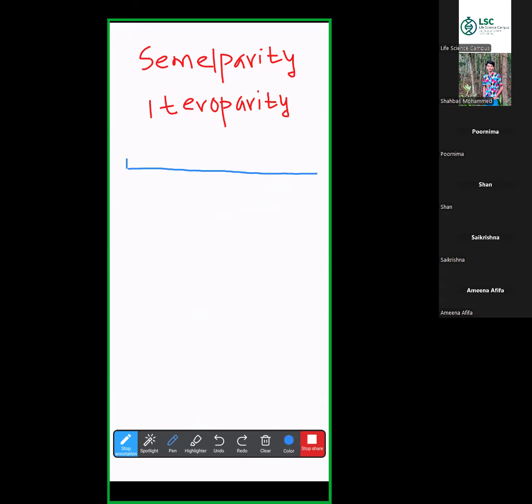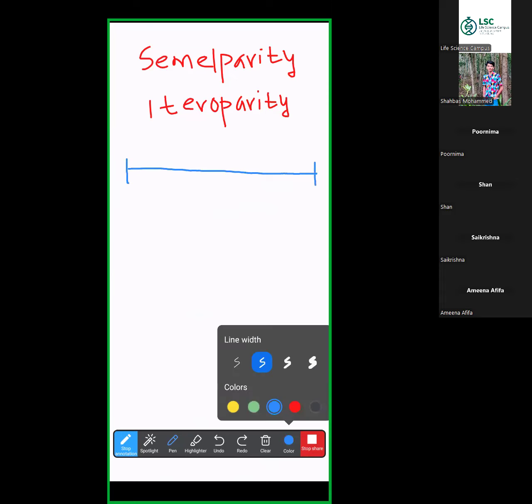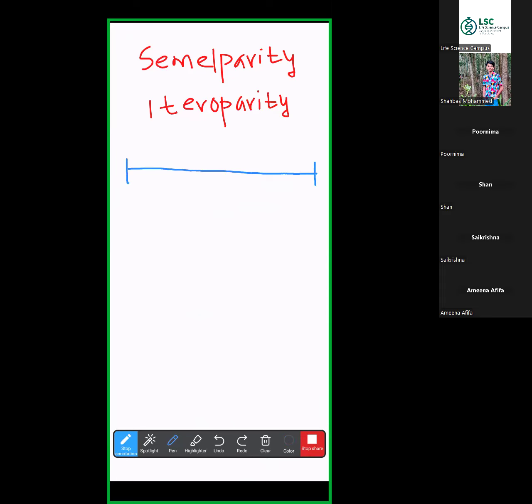This point indicates its birth and this point indicates its death. During this time interval, it reproduces only once, and after this reproductive event, it dies. So in semelparity, offspring are produced in a single reproductive event. They reproduce only once in their life cycle. Is it clear?